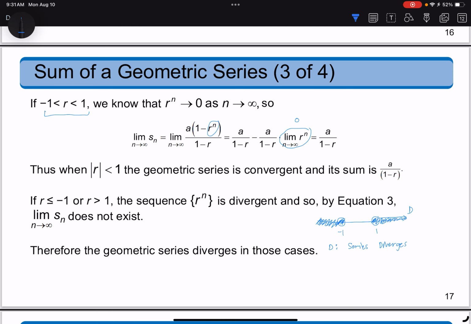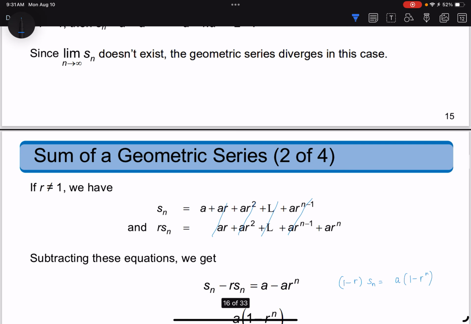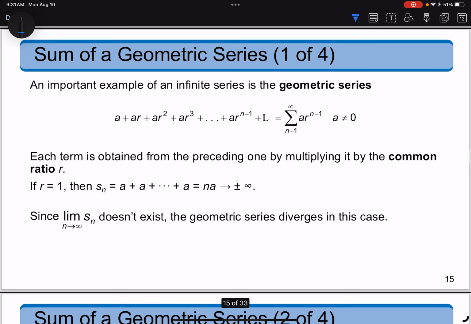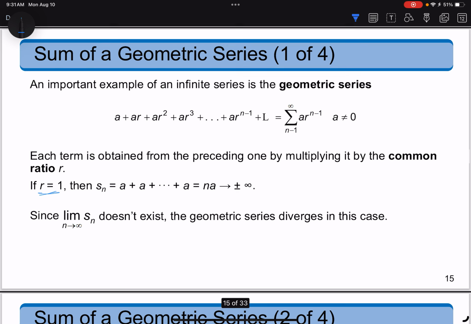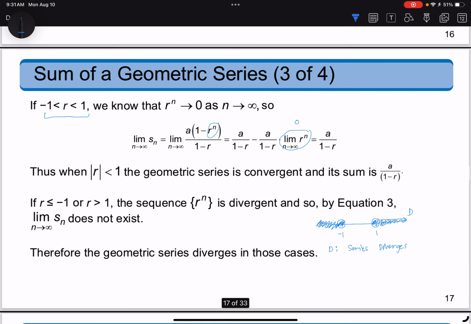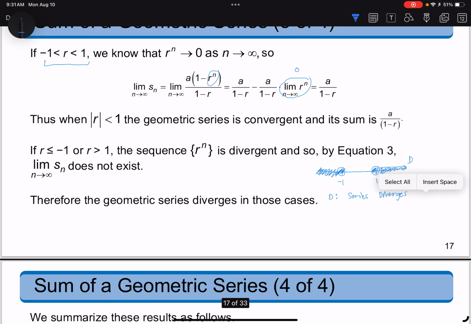And when it is greater than 1, I think greater than or equal to 1, so when it is equal to 1, it also diverges. And it only converges from negative 1 to positive 1.